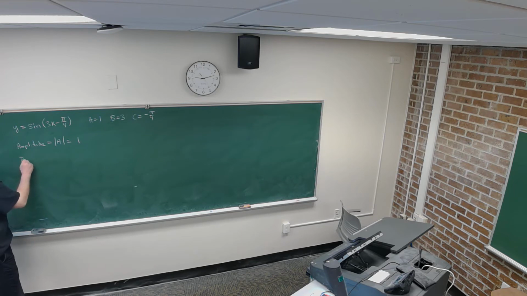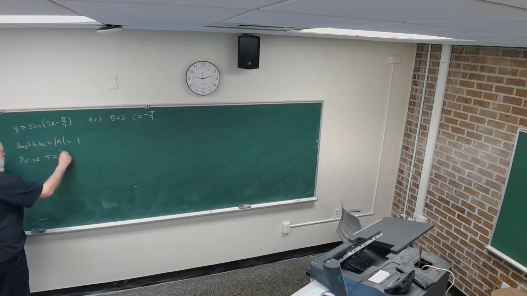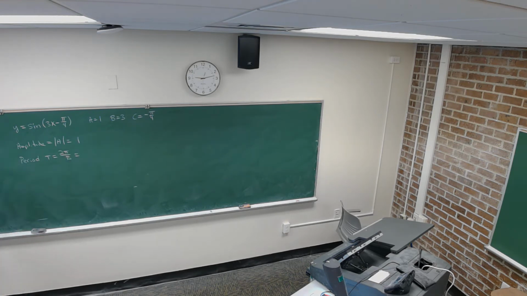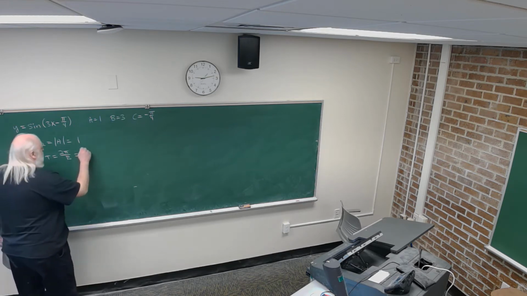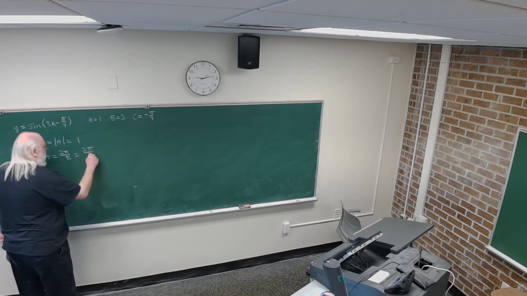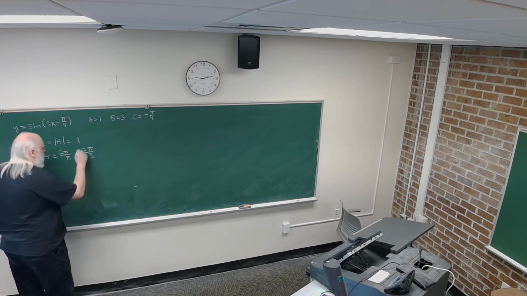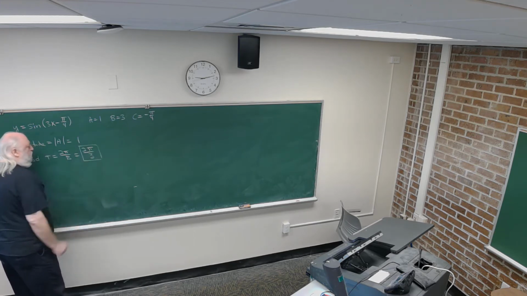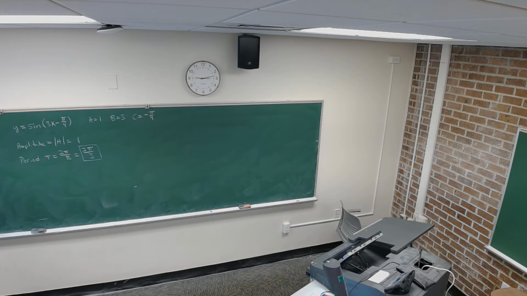The period, the length of one cycle in the graph of this transformed sine function, is equal to 2 pi over b, where b is equal to 3. And so the period in the graph of this transformed sine function is 2 pi over 3 radians. That's the length of one cycle.